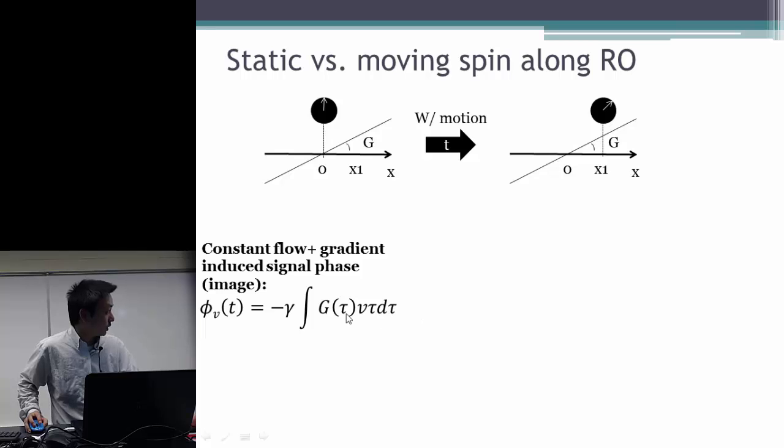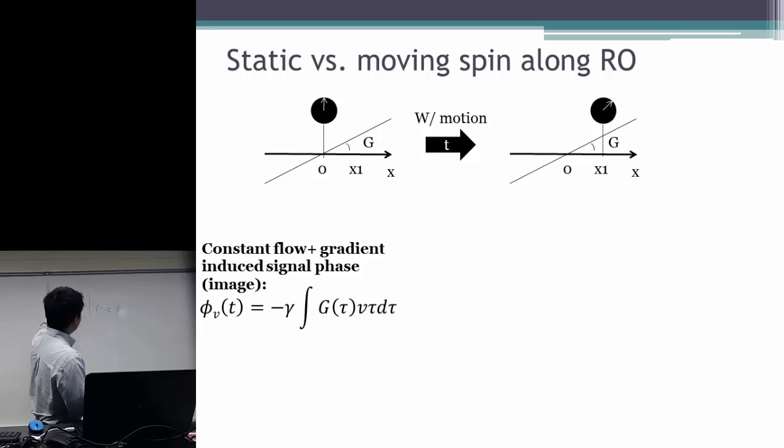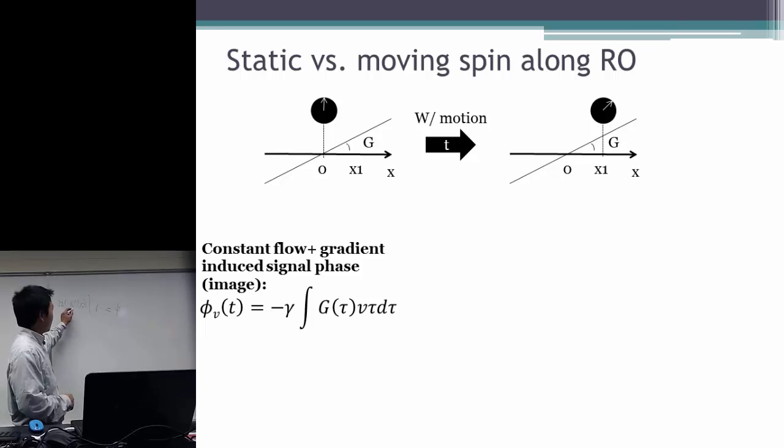So we know that the general expression of the phase in terms of a gradient is phi equals gamma times the integral of G(t) x(t) dt. So this is the gradient, this is the location.